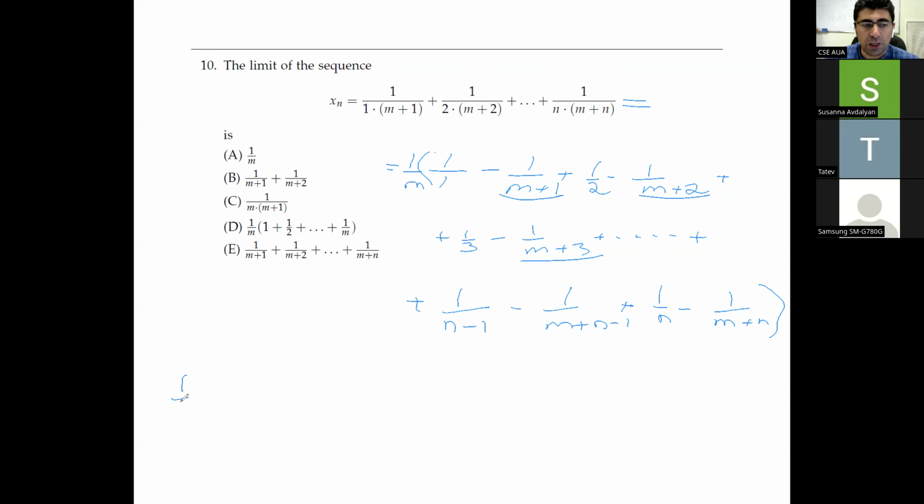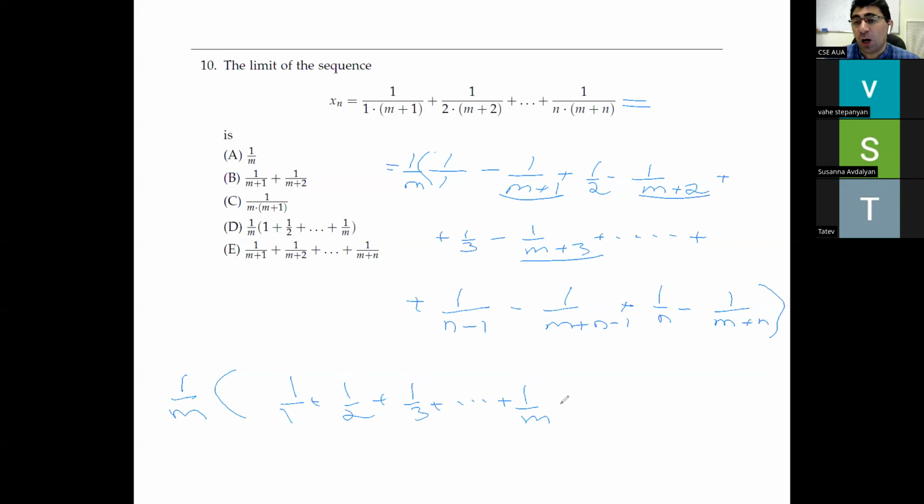We said, so we have 1 over m. The first term that will be cancelled is this minus 1 over m plus 1. It will be cancelled if you have also 1 divided by m plus 1. So we have 1 over 1 plus 1 over 2 plus 1 over 3 plus etc. plus 1 over m.